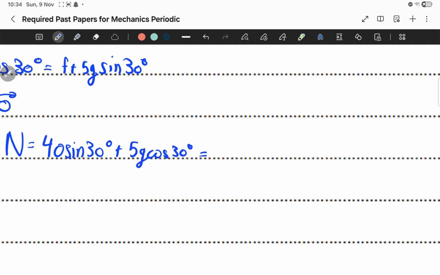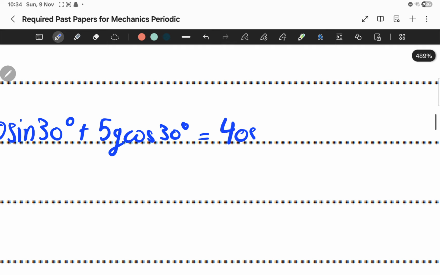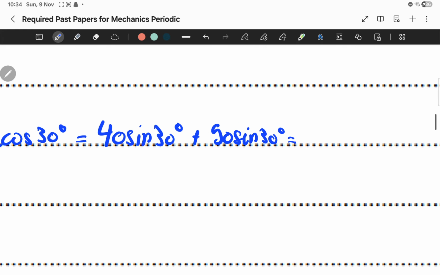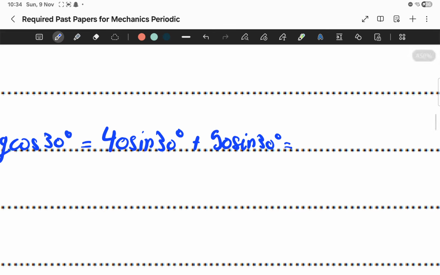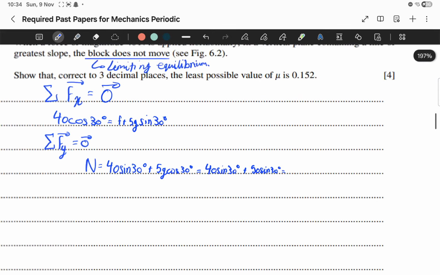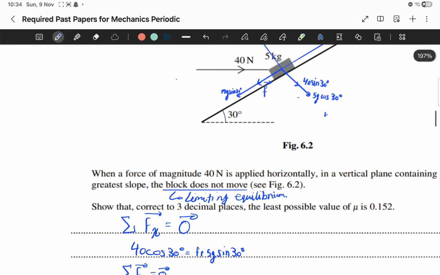So, 40 sine 30, let's just write down 40 sine 30 plus 5g is 50. 50 sine 30. 45, it's not 45. Where did I go wrong? How did I get 45? Oh, this is cosine.